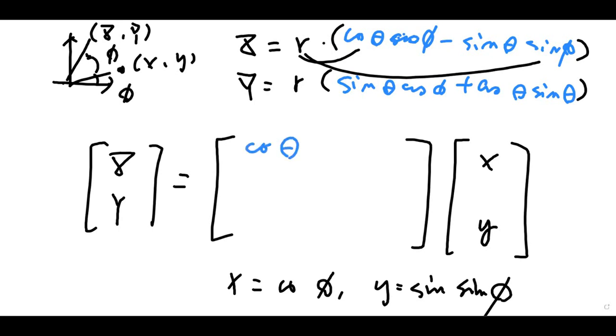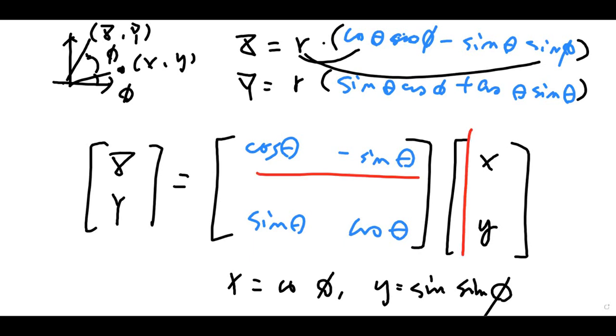Here you can put the matrix: cosine theta, minus sine theta, sine theta, cosine theta. You do the matrix operation and you get your x, and this bracket x is actually equal to r cosine phi, and y is actually r sine phi.